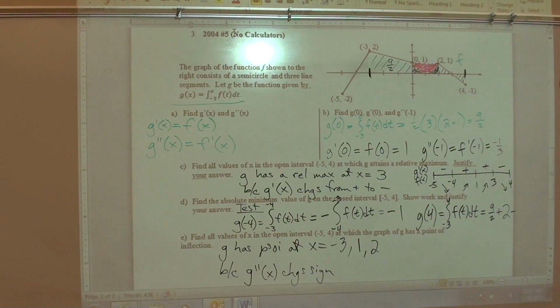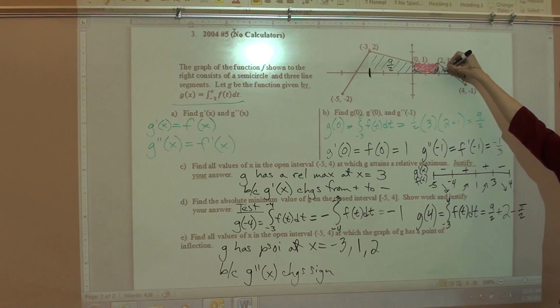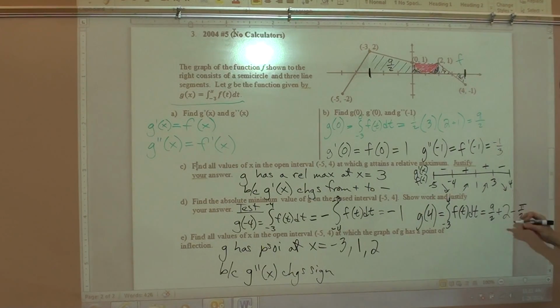Is this an entire circle? No. It's half of a circle, so this would be pi halves. And then this little triangle has an area of a half, and this little triangle has an area of a half, so I do plus a half minus a half, because that one's below the x-axis, they end up just washing each other out. So this integral is actually equal to 9/2 plus 4/2, so 13/2 minus pi halves.